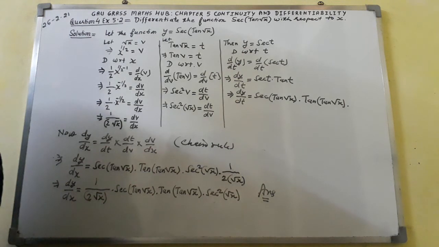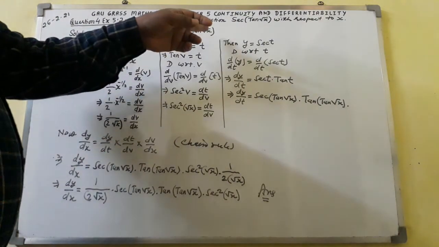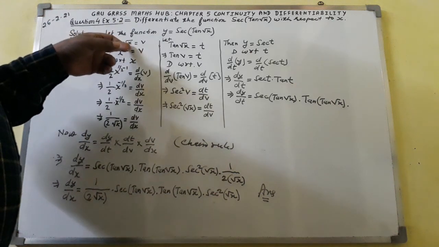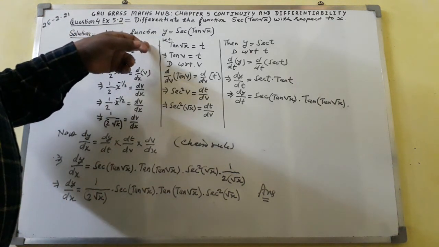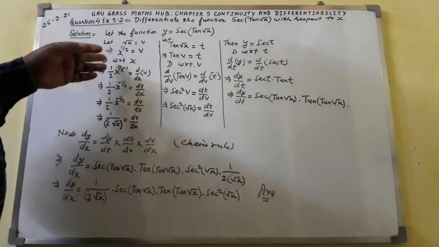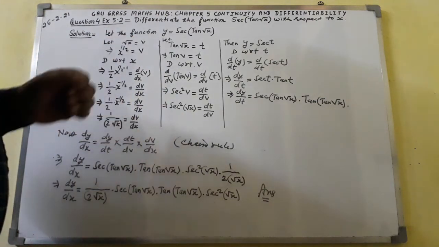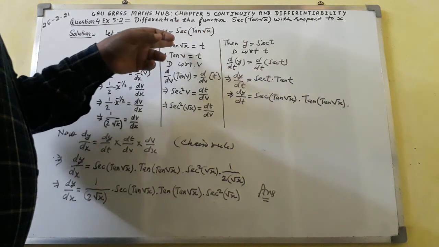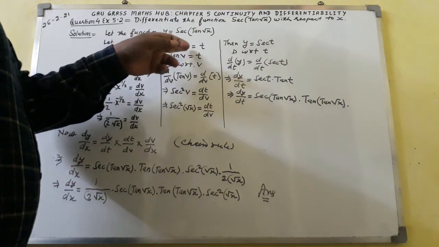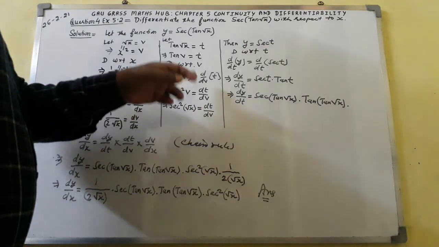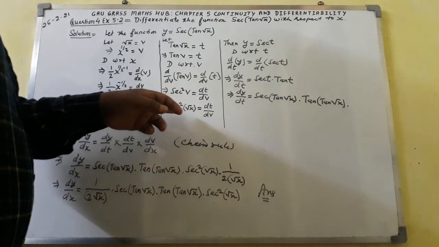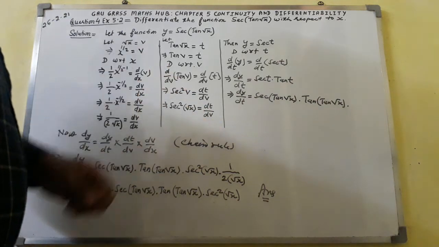First of all, the core function I have taken is √x; I have let √x equal to v and differentiated with respect to x. The middle function I have let tan √x equal to t. With the help of this, differentiating with respect to v, I have got dt/dv equal to sec square √x.